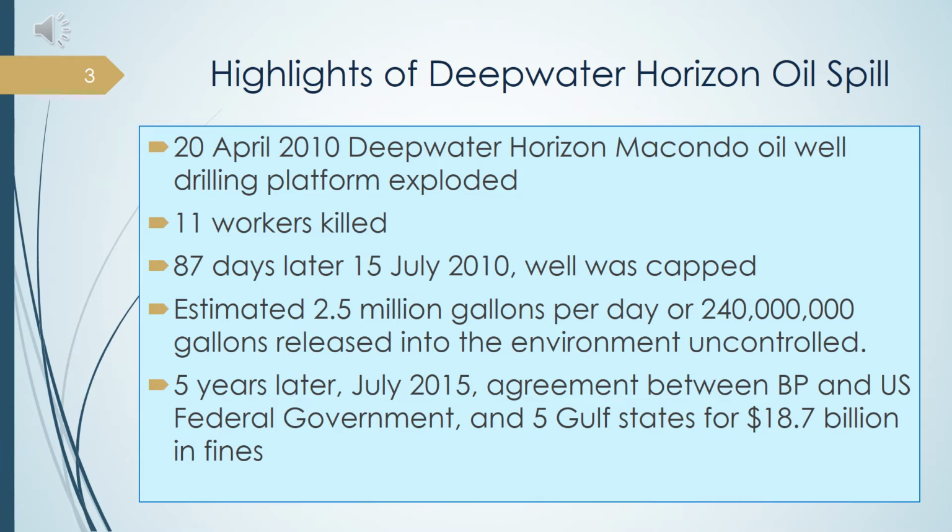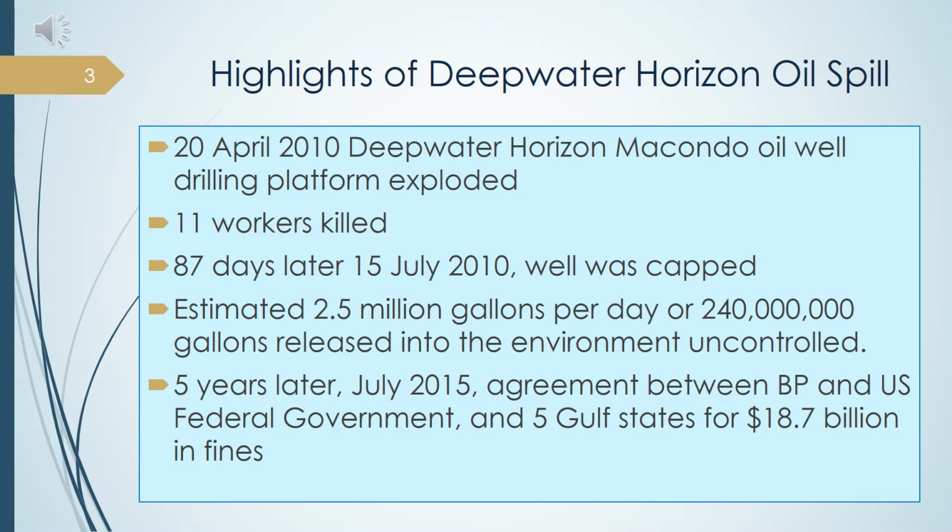It was an estimated 2.5 million gallons per day, or 240 million gallons released into the environment uncontrolled. And it wasn't until 5 years later, in July 2015, that an agreement was reached between BP and the U.S. federal government and 5 Gulf states for $18.7 billion in fines, with monies to be made available over the next 15 years.